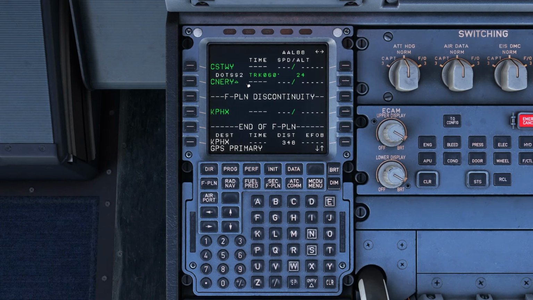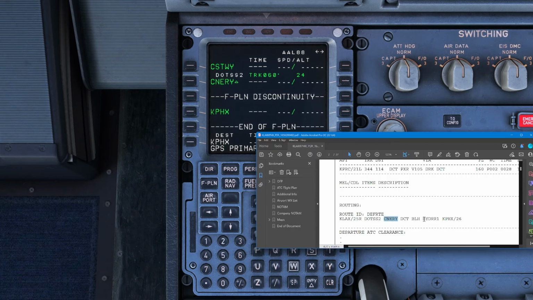So now we set up the arrival. Now this is where it gets a little bit confusing, but if you go back to the flight plan, it says you go backwards.